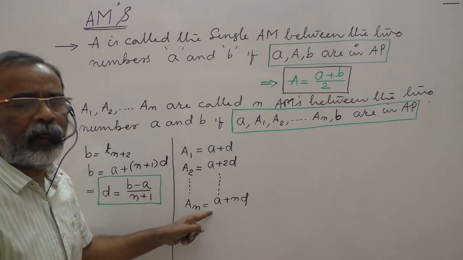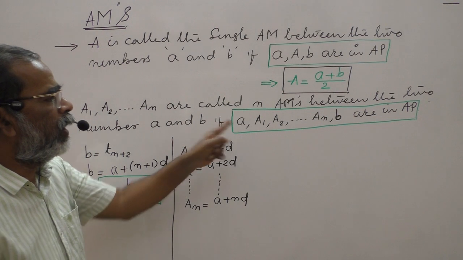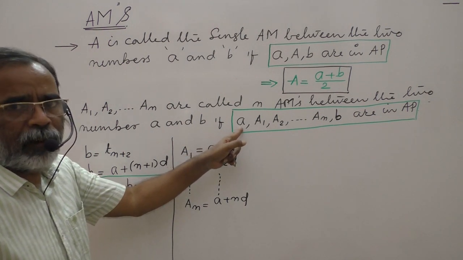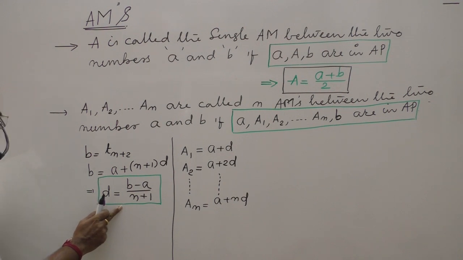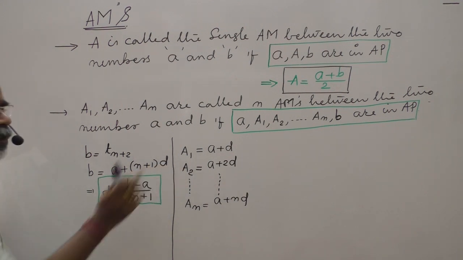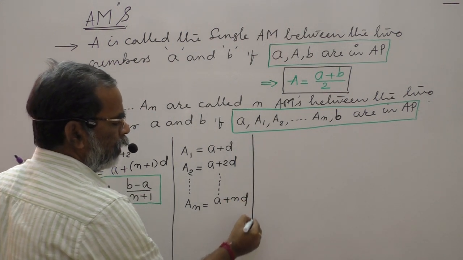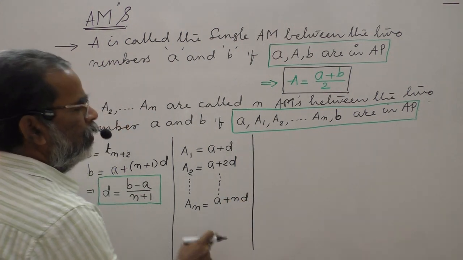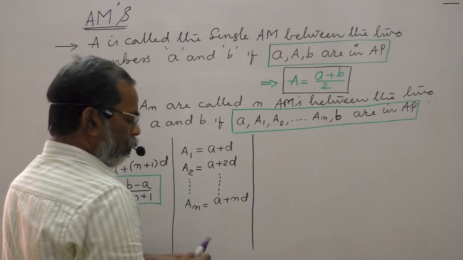All these n AMs are in terms of a and d. a is available, the first term in the series. And how to find the d value? This is d. You can substitute in this and you can obtain the arithmetic mean of your choice. Okay, now these are n AMs between these two numbers.